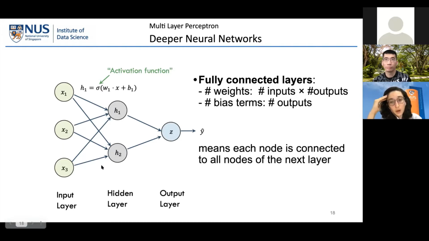You could think of not fully connected models where, for instance, X1 will be connected only to H1, and maybe X2 will be connected to both H1 and H2. Here it's fully connected, so each node is connected to all nodes of the previous and next layer.